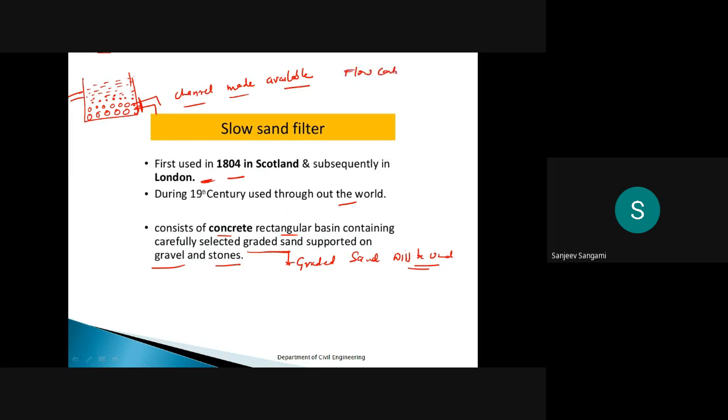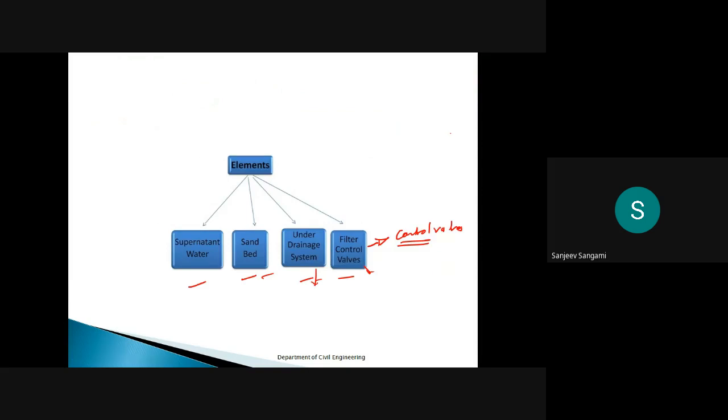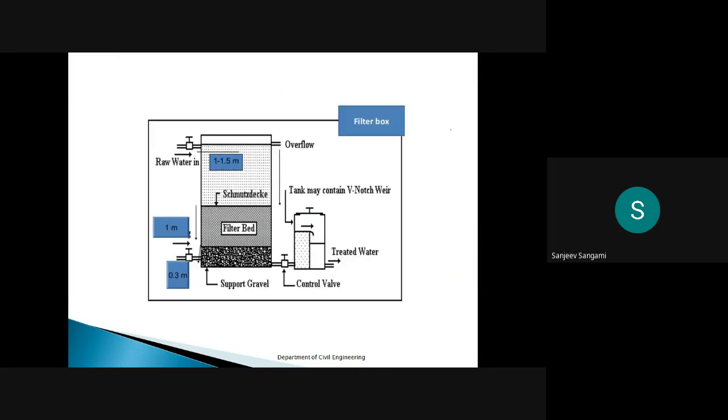Flow control valves we can normally call valves, and gate valves are used to stop or to open. This kind of arrangement will be made in these flows and filters. These are the main components of this filtration process.